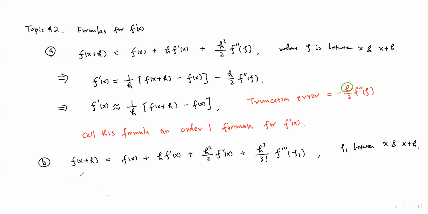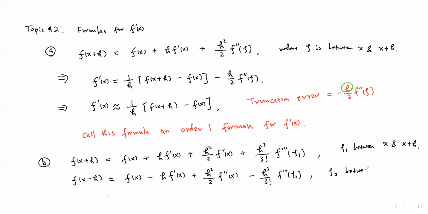Now the second equation, f of x minus h equals f of x minus h times the derivative plus h squared over 2 times the second derivative, minus h cubed over 3 factorial times the third derivative at psi 2, where psi 2 is between x minus h and x.